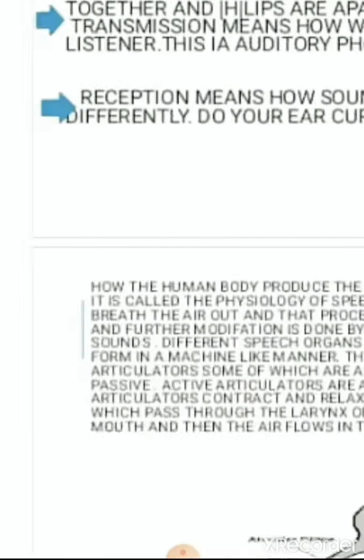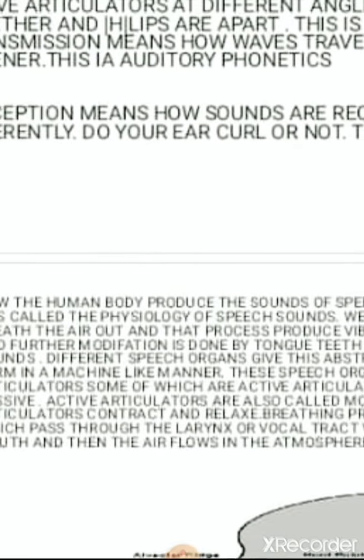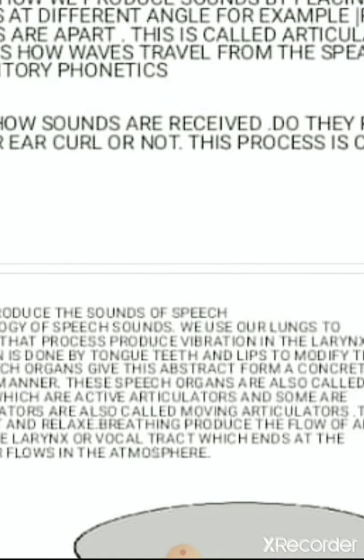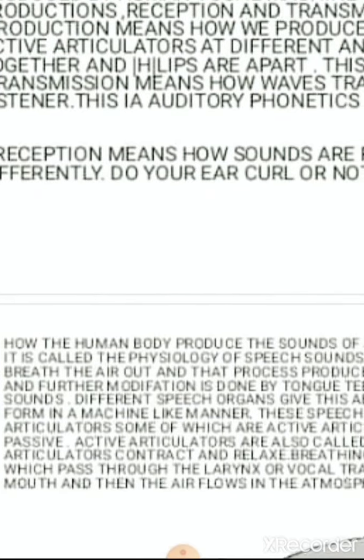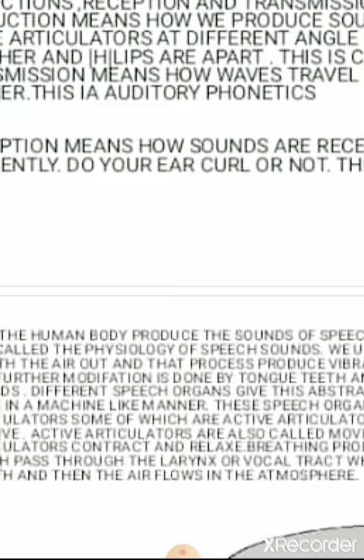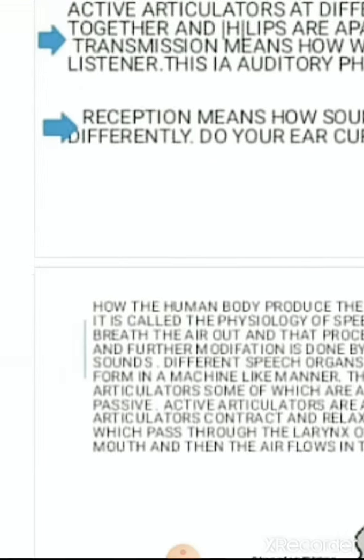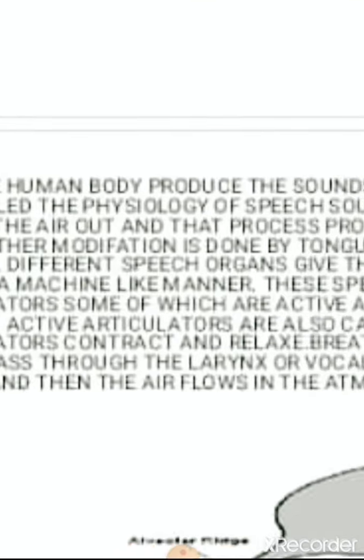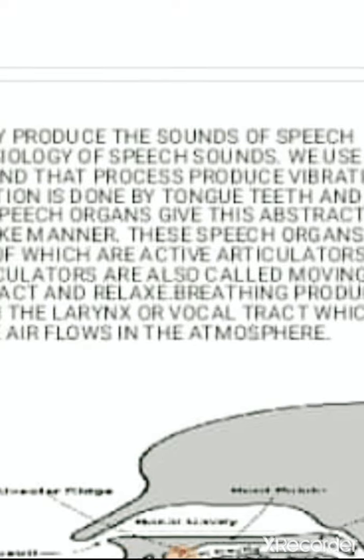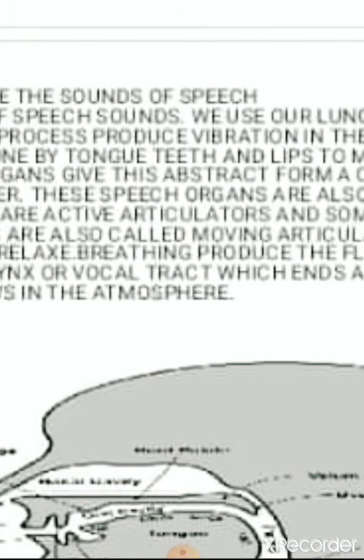And the third category is reception, which means how sounds are received. Do they receive differently? Do your ears curl when you receive them? As you produce certain sounds, your tongue curls, but your ears don't curl when you receive certain sounds. How the human body produces the sounds of speech is called the physiology of speech sounds. We use our lungs to breathe the air out, and that process produces vibration in the larynx.